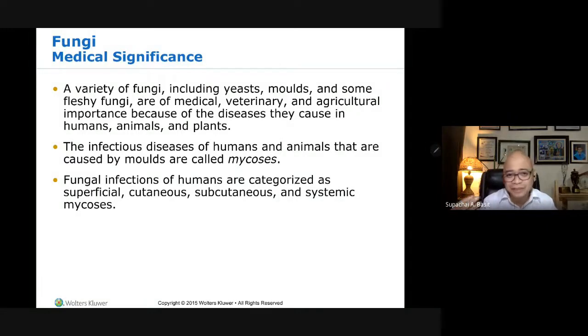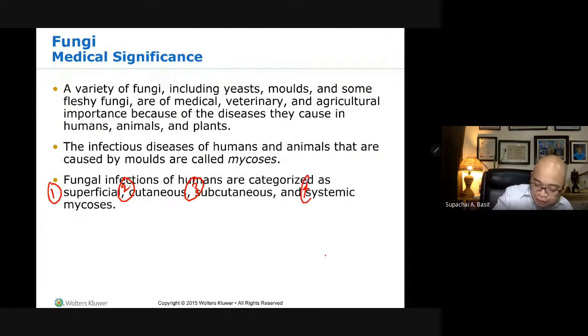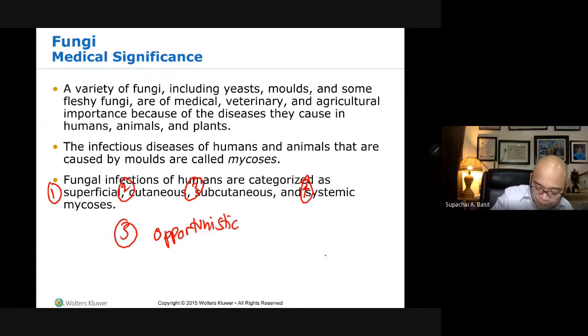If they can cause infections in us, the type of infection is called mycosis. And there are actually 5 categories of mycosis: superficial mycosis, cutaneous mycosis, subcutaneous mycosis, systemic mycosis, and the 5th one is called opportunistic mycosis.